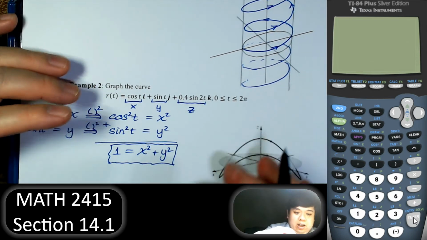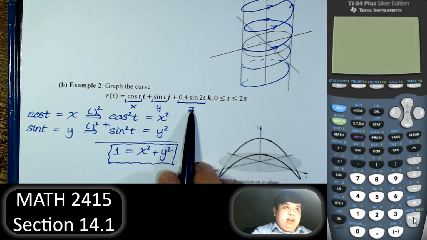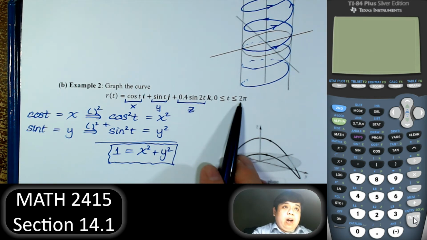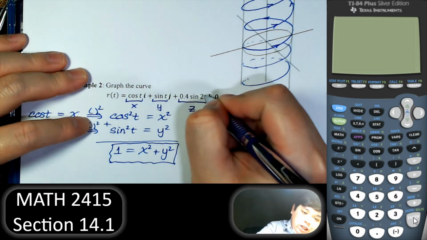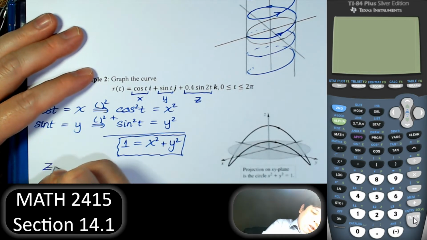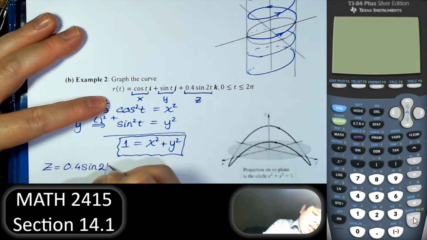If we look from the top, it's going to be a circle. However, z will change. From 0 to 2 pi, what we see here is the 2t. So let's say z equals 0.4 sine of 2t.